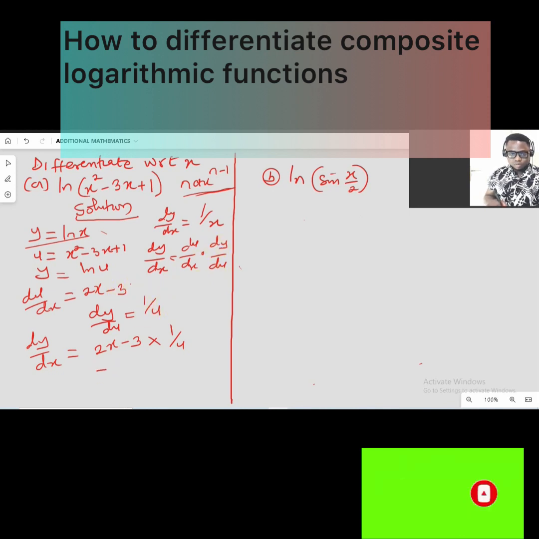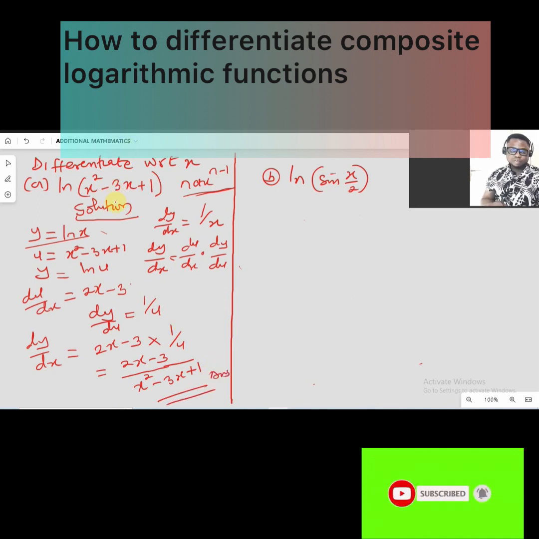So this is going to be 2x minus 3 divided by, remember the value of u is what? The value of u is x squared minus 3x plus 1. So that is x squared minus 3x plus 1. So this becomes the answer as dy over dx.